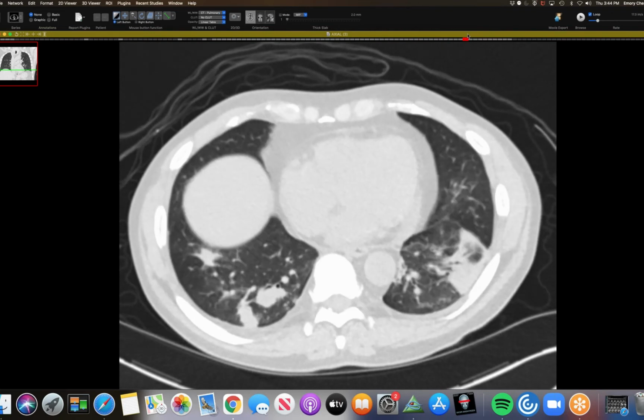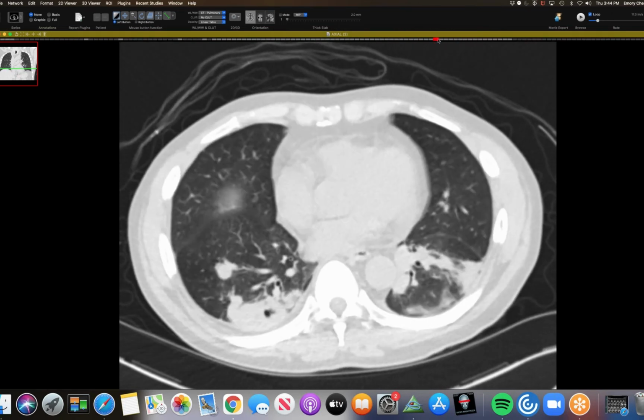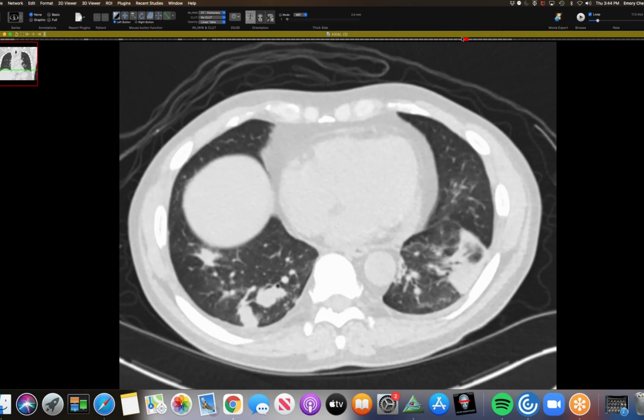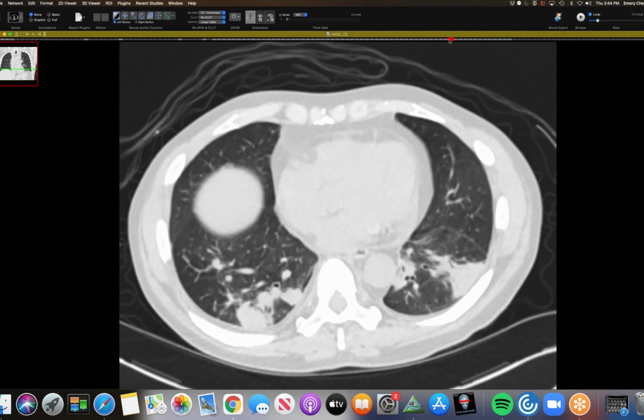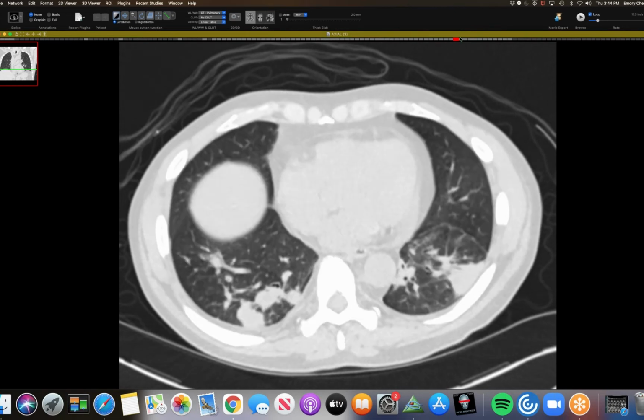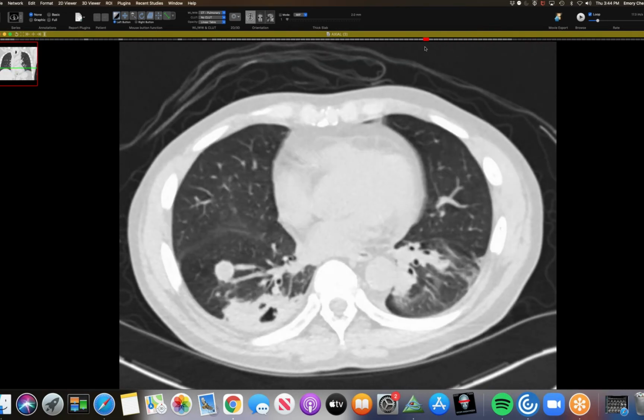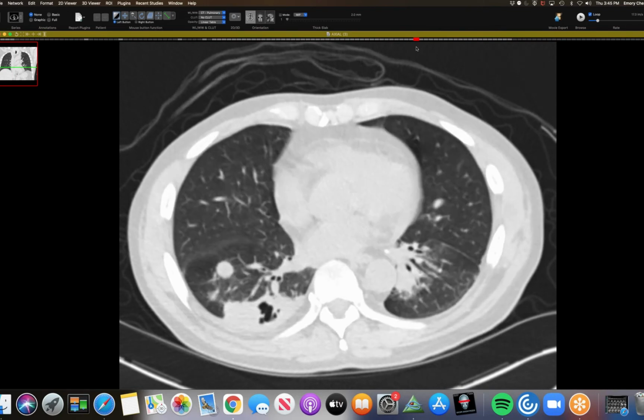Is that just non-specific in general, or what do you usually see with Cryptococcus?